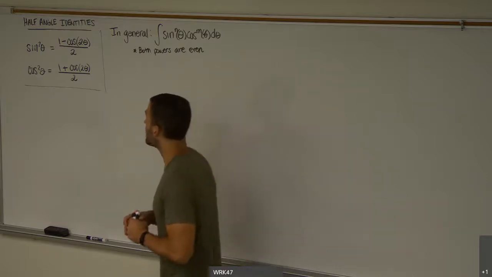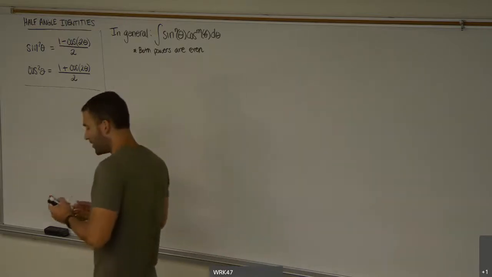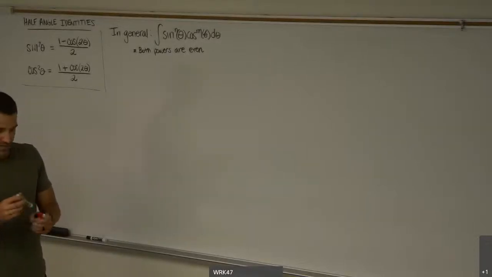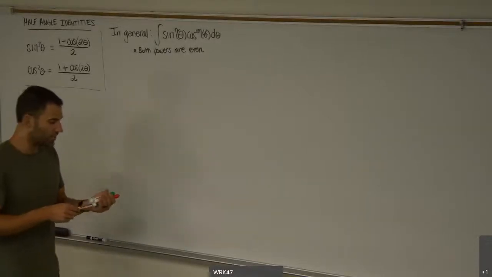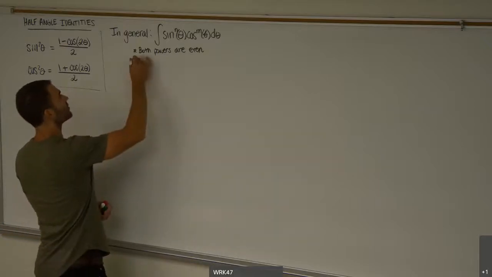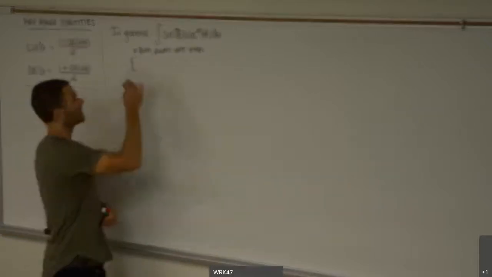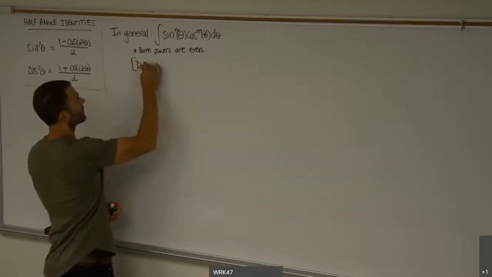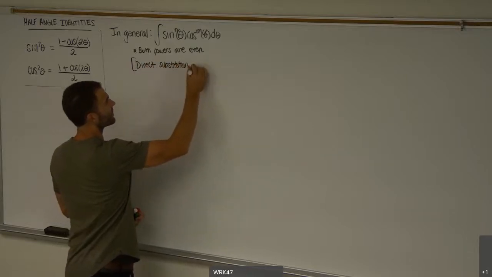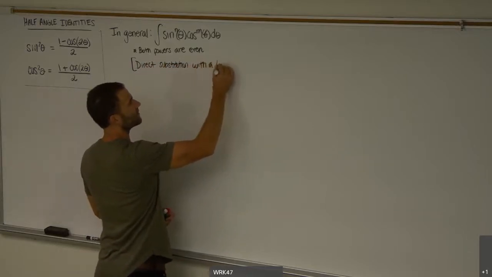And so let's look at sine and cosine again, but in the scenario that, well, what if both powers are even? In this case, we're actually not even going to use a U substitution technique. We're not going to use a technique of integration. Here, we will just do direct substitution with a trig identity.